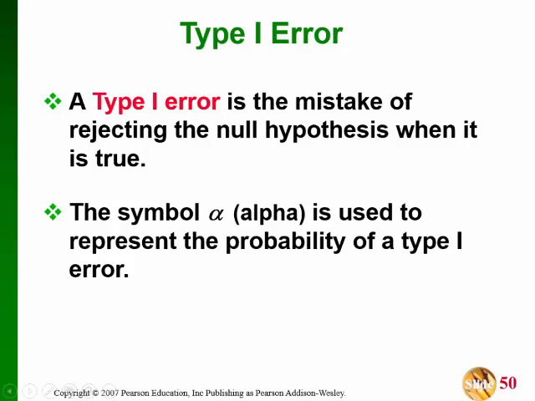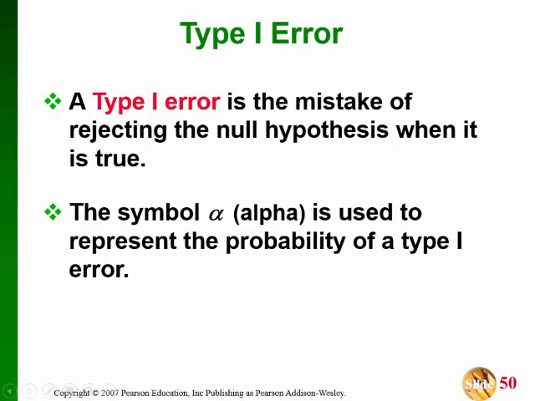So a type 1 error would be if you rejected the null hypothesis, but it was actually true. So in our case, we rejected our null hypothesis, right? Our null hypothesis was that the proportion was equal to 0.5. And we went through the process and we rejected it.